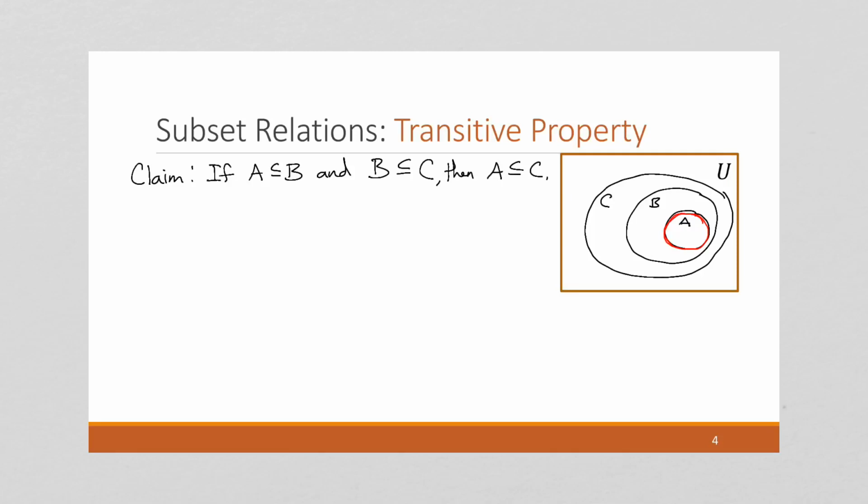Everything in A is also going to be in C. So we could call this a Venn proof.